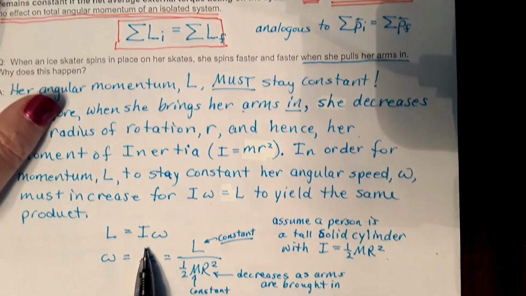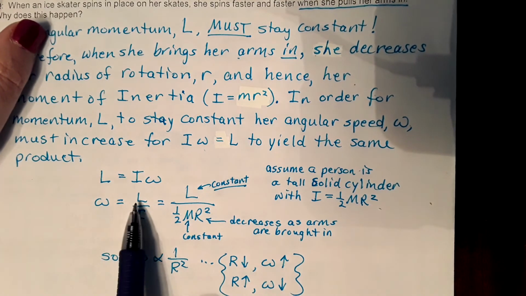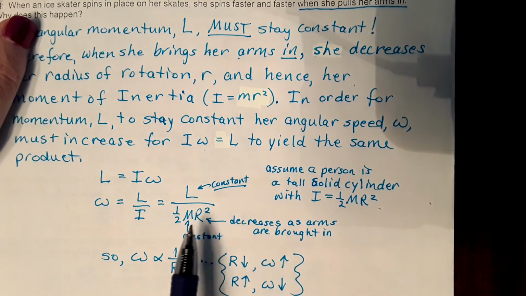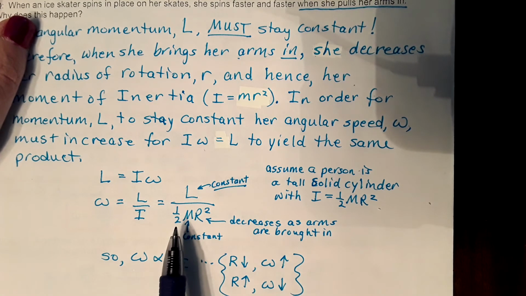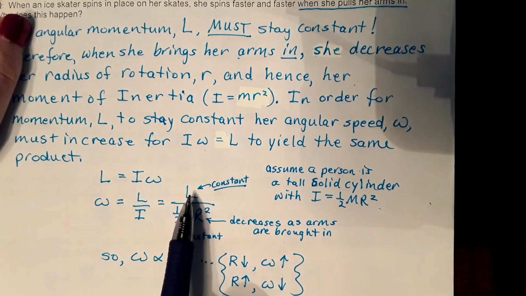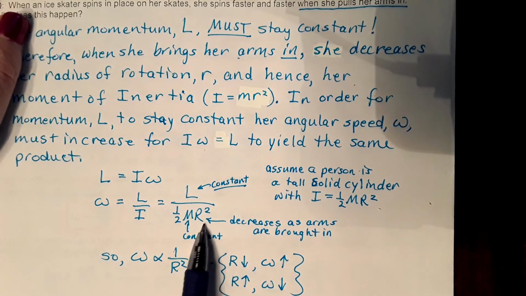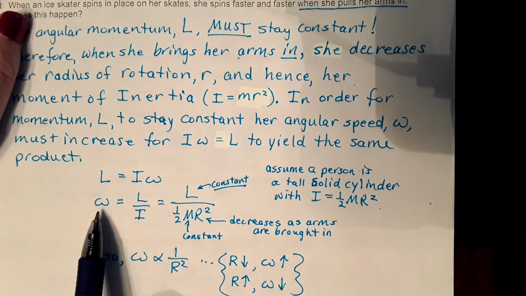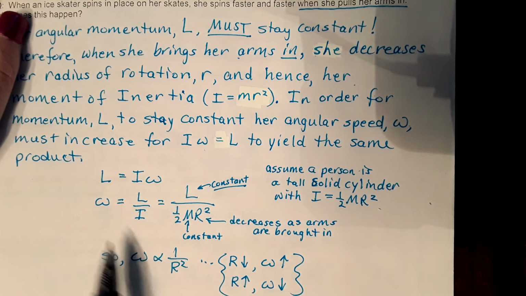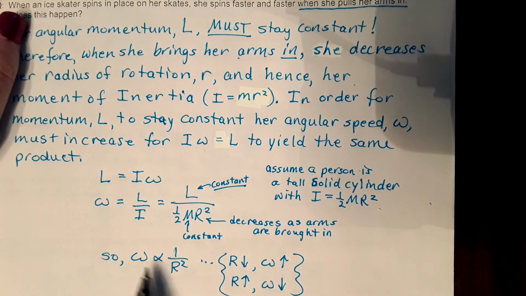If we solve for the angular speed and the momentum stays constant, if we assume a person to be a tall solid cylinder with a moment of inertia of 1/2 mr squared, you can see here that when the mass and the momentum are constant, as R decreases, then the angular speed must increase for momentum to be conserved. So we have an inverse square proportion here.